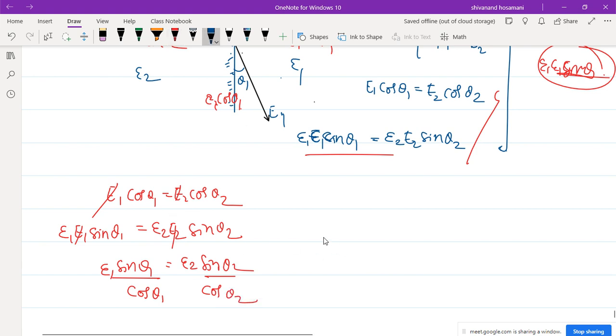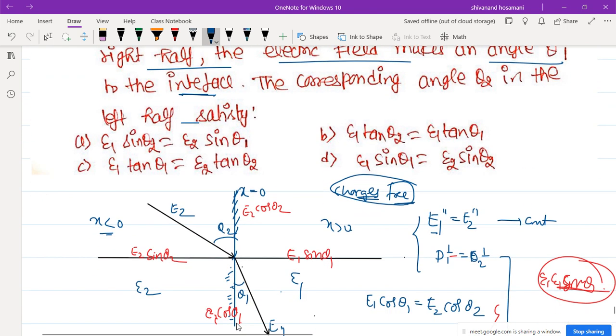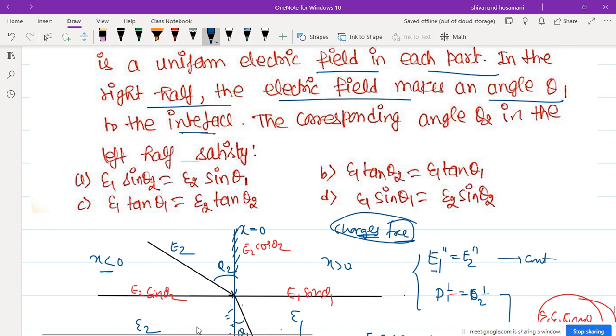Therefore this becomes epsilon 1 tan theta 1 is equal to epsilon 2 tan theta 2. Which option is this? Option C. Right? So this is how you apply the boundary values.